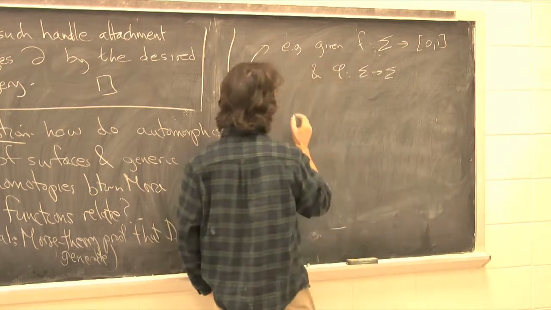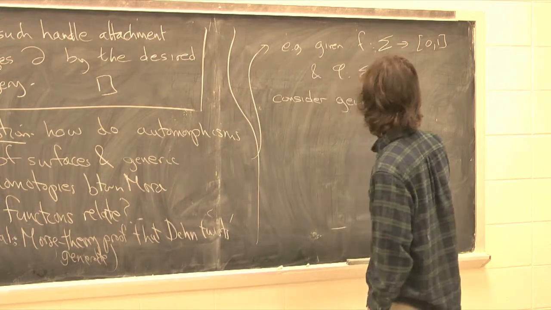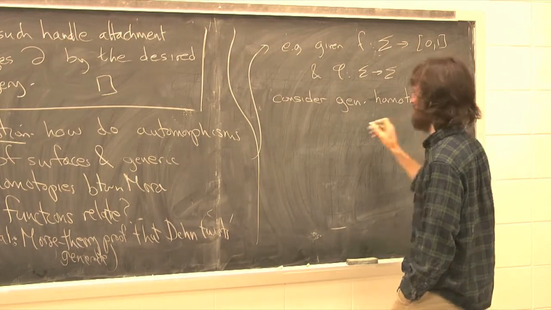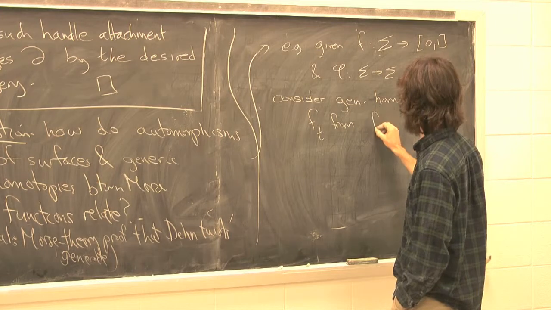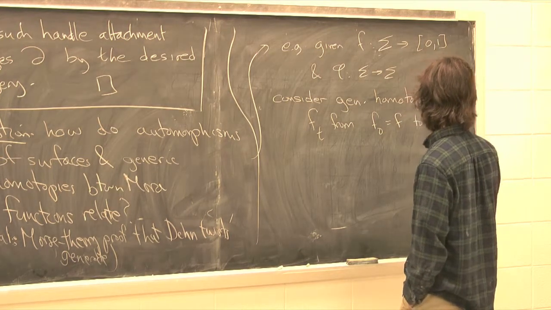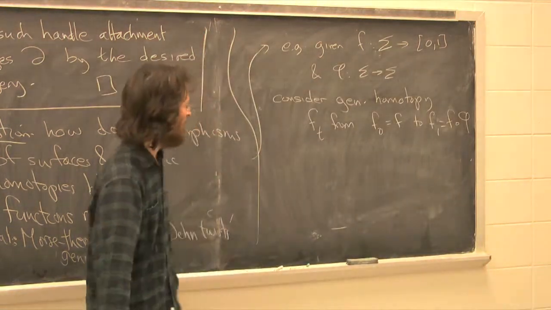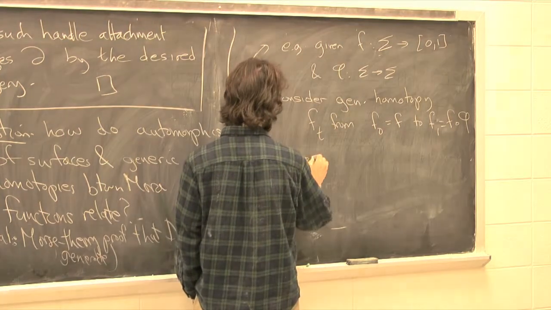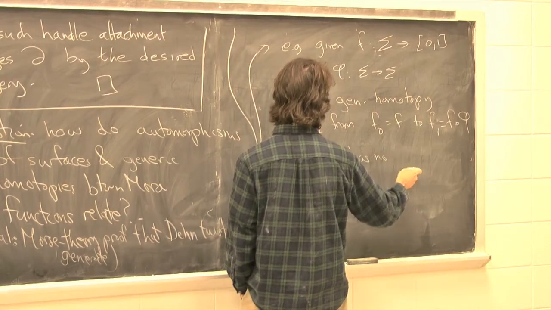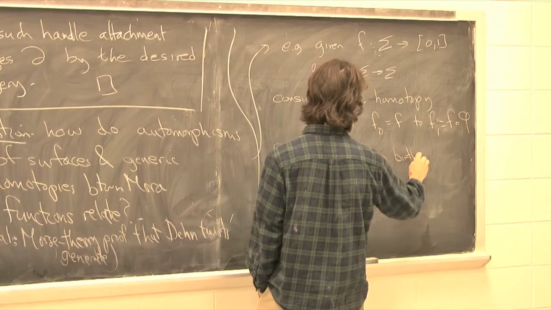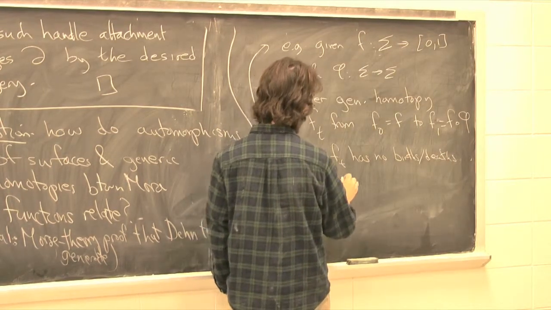Then you can consider a generic homotopy f sub t from f0, which is just f, to f1, which is going to be f composed with phi. And suppose that you somehow are very lucky and f sub t has no births, deaths, or critical value crossings.